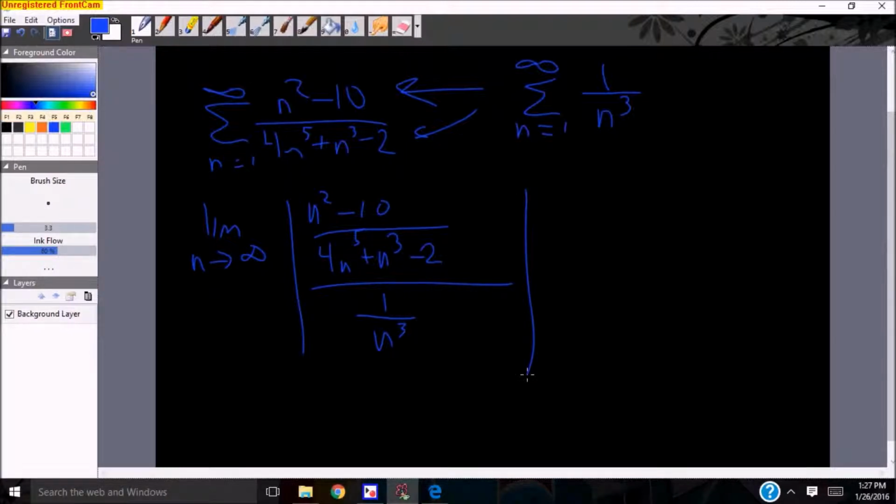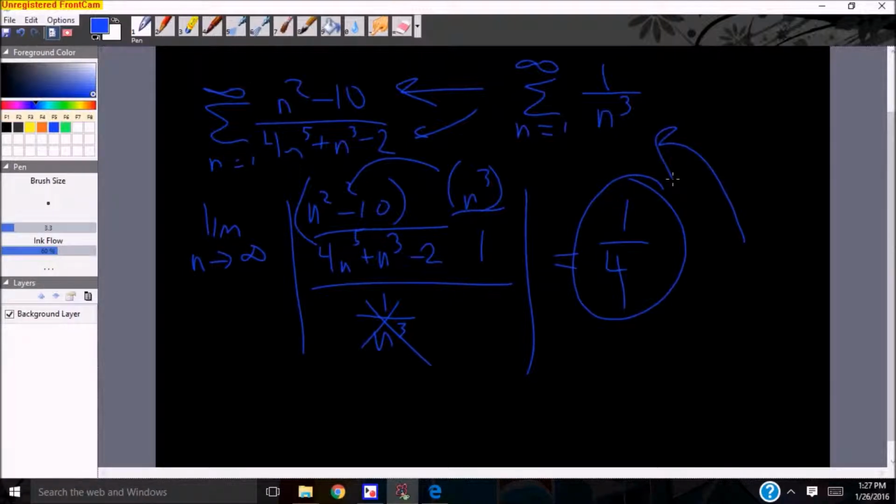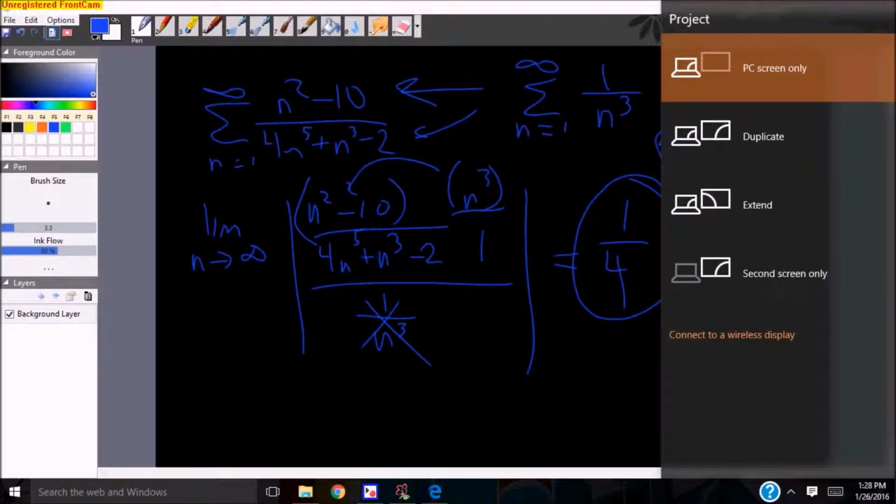So what this means is that n cubed is not really on the bottom, it's really multiplied by the reciprocal, and we'll end up with an n cubed times that n squared minus 10, which turns it into an n to the 5th minus 10n cubed. And once we get there, we're at a Betsy problem, and our limit is going to be 1/4. So since we got a number, whatever this one does is the same thing that the other one does.